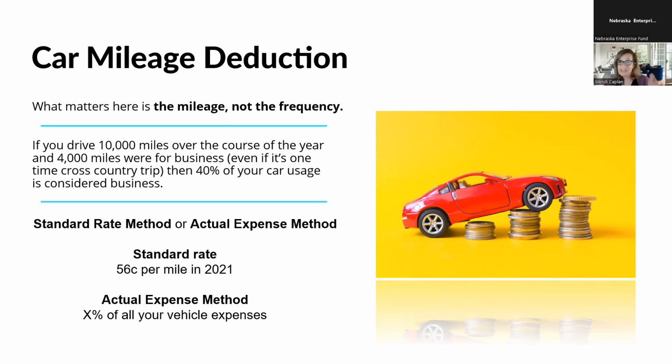The standard rate means taking all the miles that you use for business. In 2021, it was 56 cents per mile. I think the updated rate for 2022 is 58 cents a mile. Or the actual expense method, which is a percentage of all your vehicle expenses, but you need to discuss with your accountant which one.